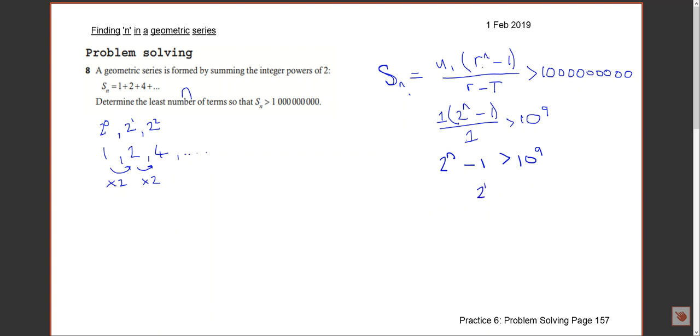Right, good, so it's 2 to the n is greater than 10 to the power of 9, and what do you have to do to that? Plus. Yeah, we're adding on 1. Okay, good. Now I could write that whole number out with the 1, that would be fine. At this point, I'm solving for an exponent, so I need to use logs, okay?